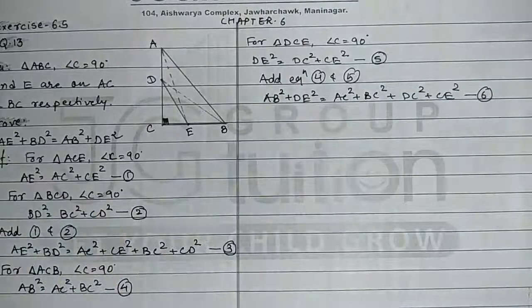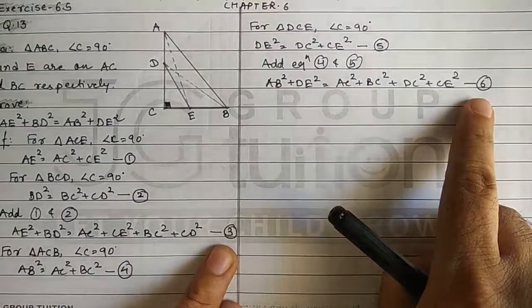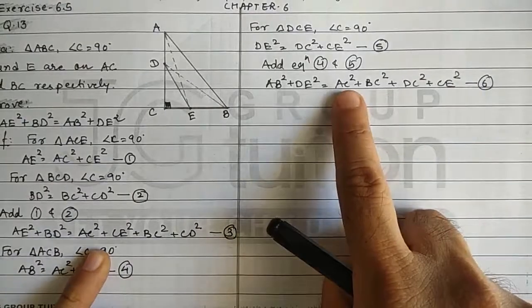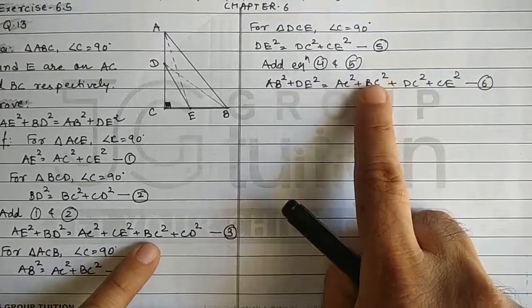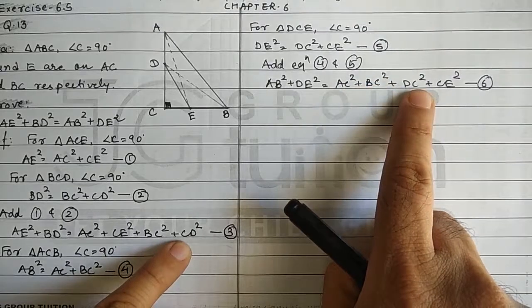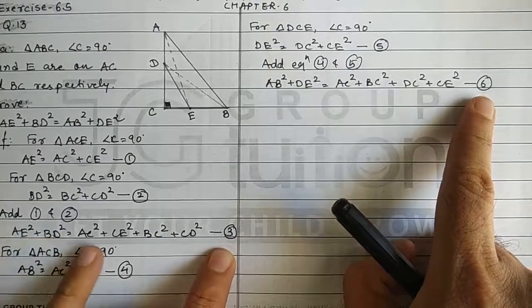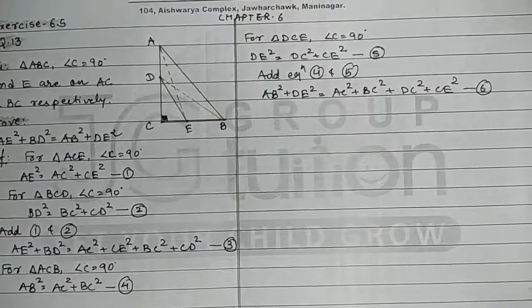Now students, observe this, both the equations, that is equation 3 and 6, and the right hand side. It's AC square, CE square, BC square, CD square. So you can see that of both these equations 3 and 6, the right hand sides are the same. So we can say the left hand sides are also equal.